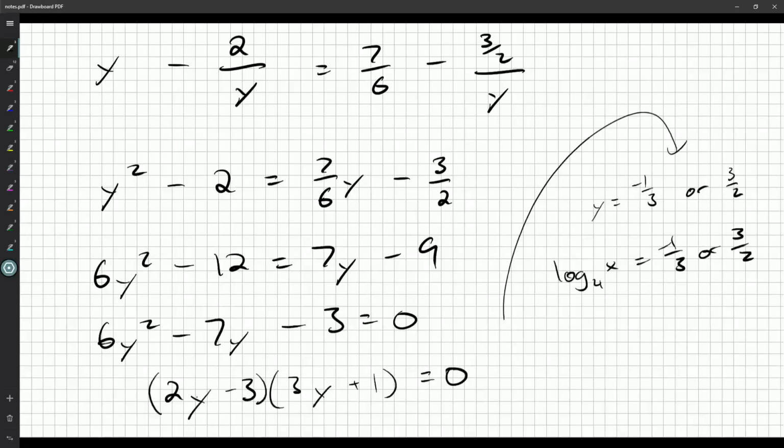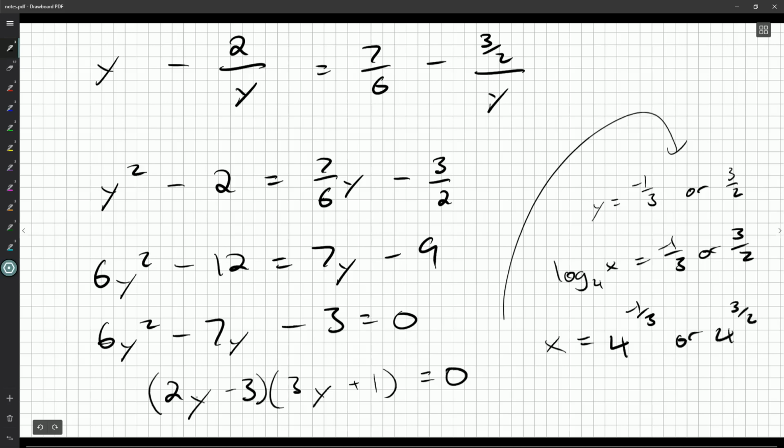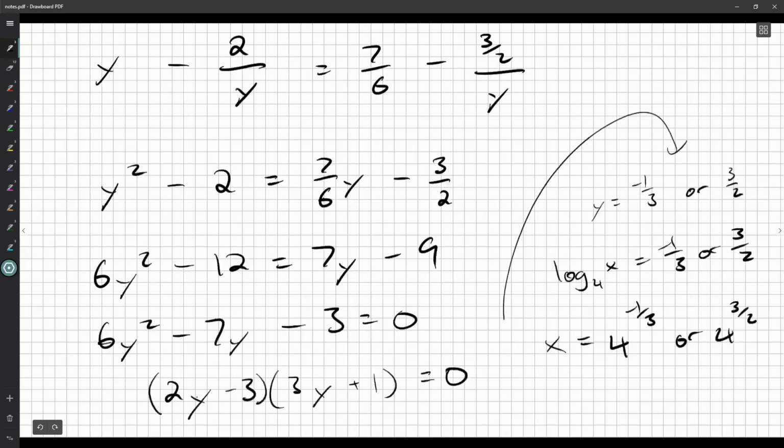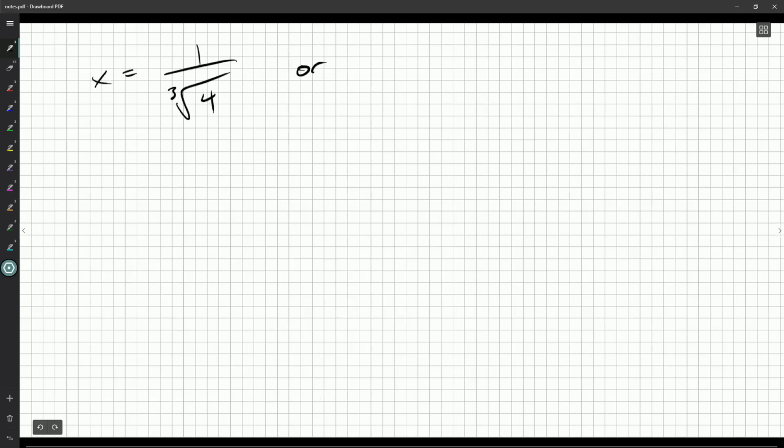And then, well, undo the logarithm expression. So 4 to the minus 1/3 or 4 to the 3 over 2. So 1 over the cube root of 4, which I guess we can leave like that. Or 4 to the 3 is 64, square rooted is 8.